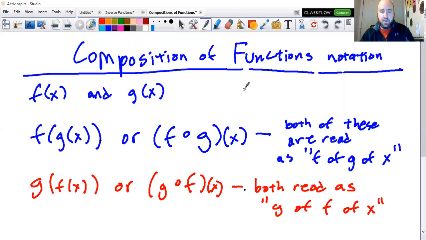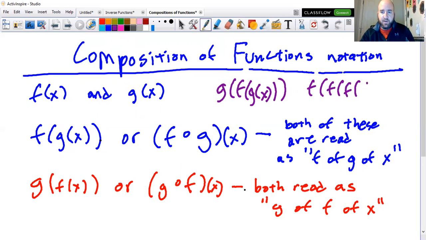You can stack them. It's not just that you use them both once and then you can't use them again. You could do g of f of g of x. You could do f of f of f of f of x.